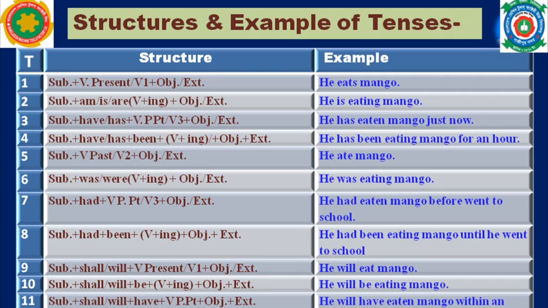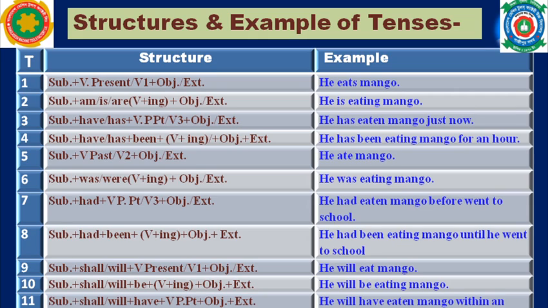He had been eating mango until he went to school. It's the same concept as present perfect continuous, but the time is different. In the case of present perfect continuous, he has been eating mango; it is in present time. But he had been eating mango is past time. In the past, during a certain period, he had been eating mango until he went to school.